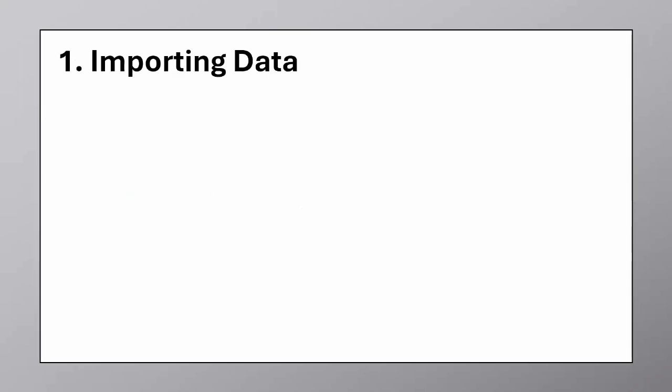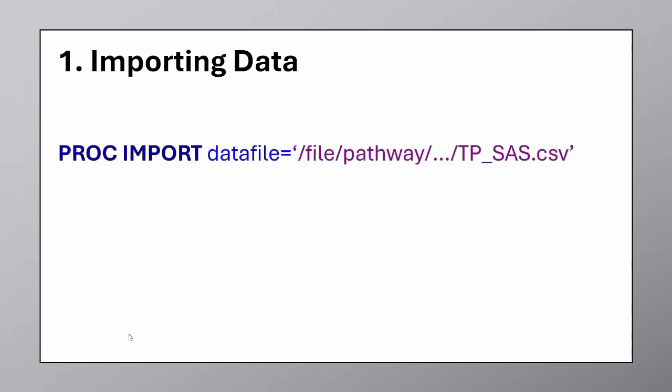All right, first step that you should probably memorize, importing data. That's probably the most important and first step you do for anything. And so you're going to use the proc import procedure. You're going to have a data file statement. Now, this will be whatever your file is, and this will be different whether you use SAS Studio or just base SAS.